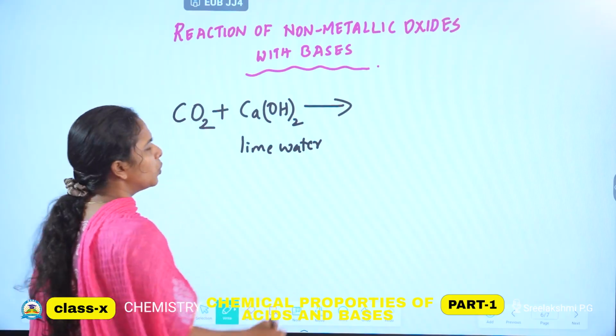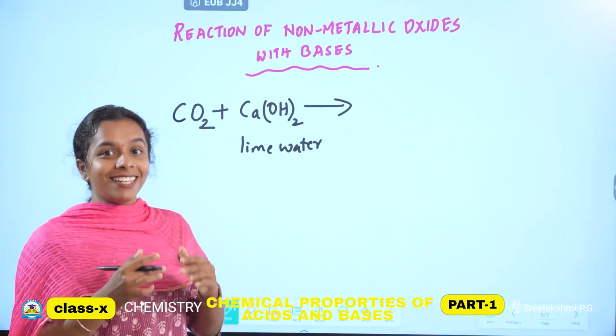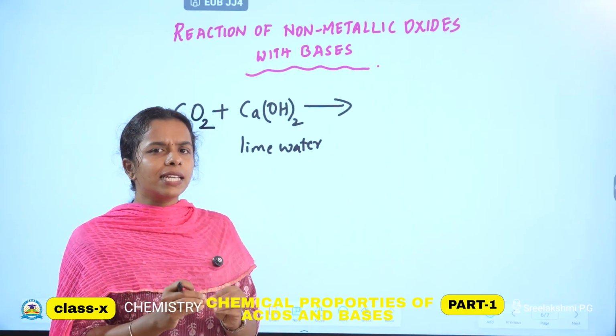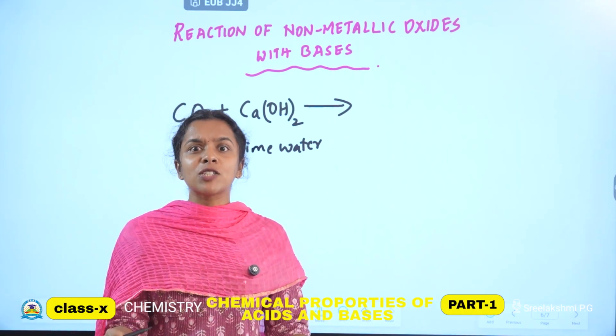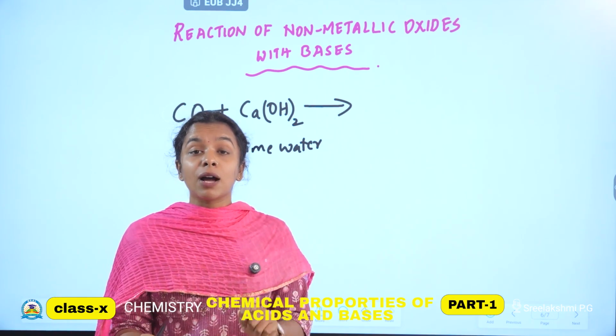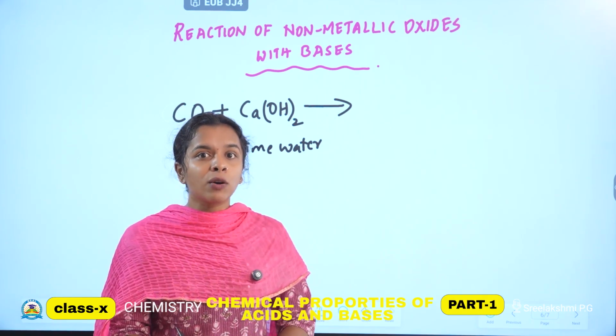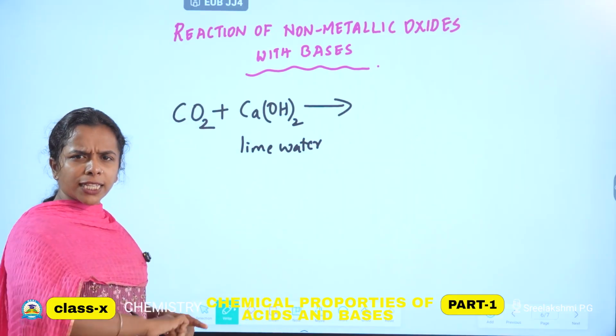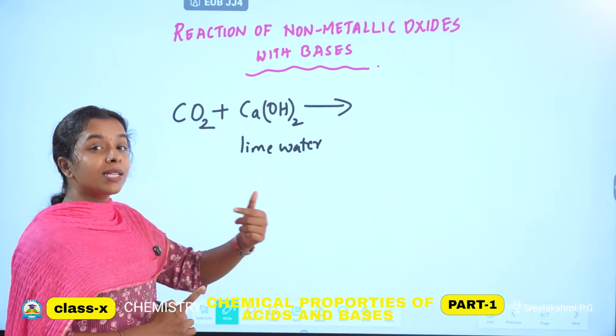This reaction you have already studied, the reaction of an acid with a metal carbonate. There you have seen that when an acid reacts with a metal carbonate, it gives out salt, carbon dioxide and water. There we get carbon dioxide.